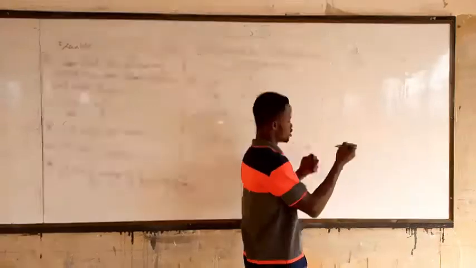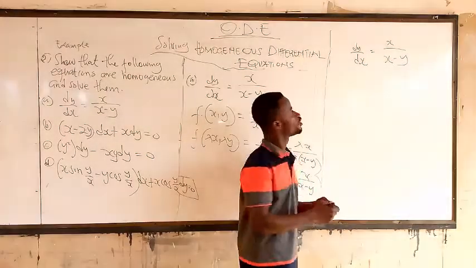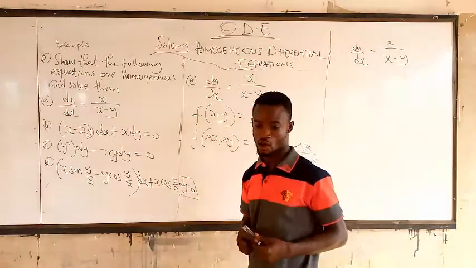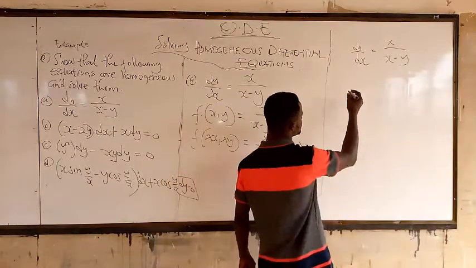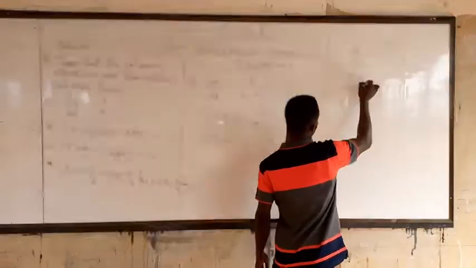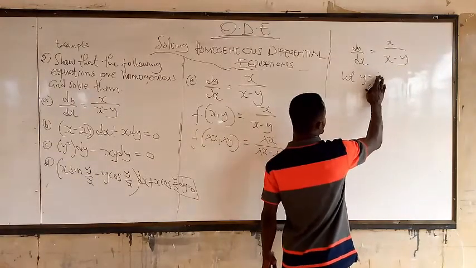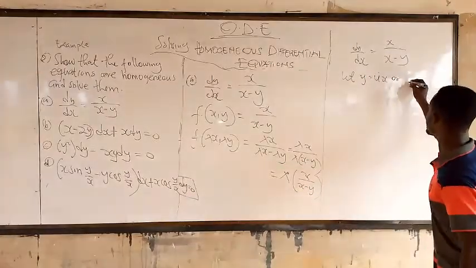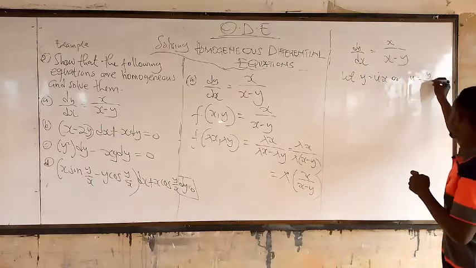The first thing to do is to let y be equal to ux, or u is equal to y over x.